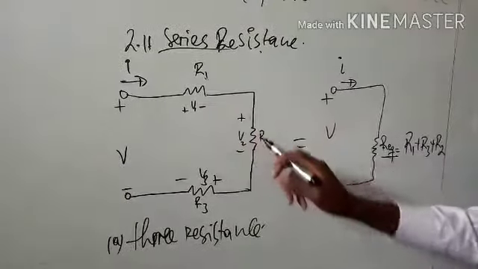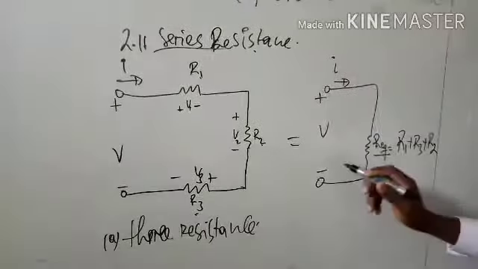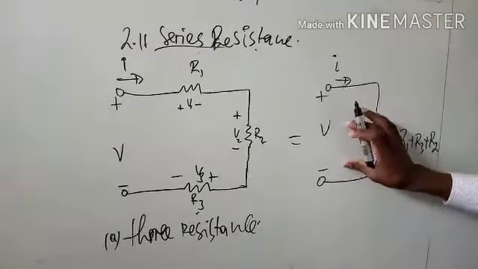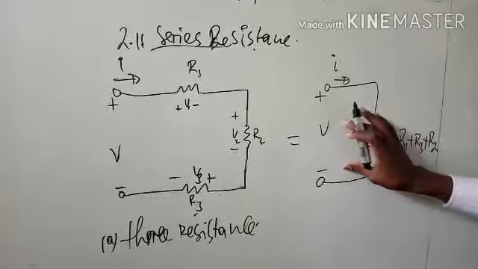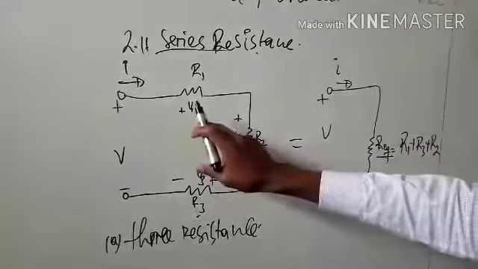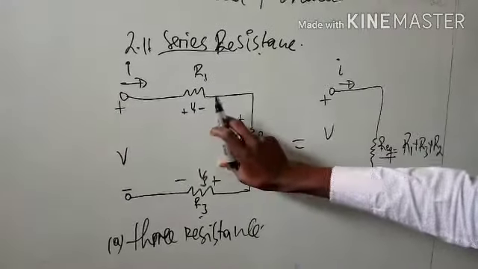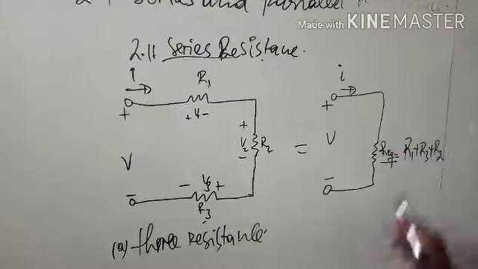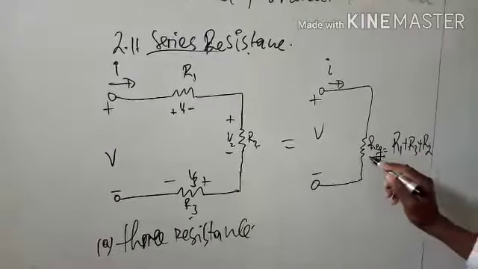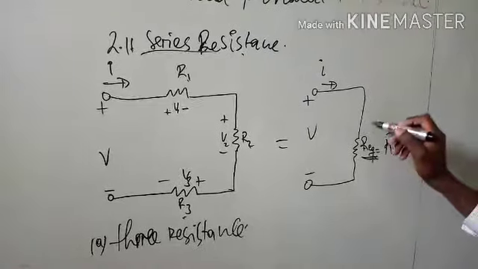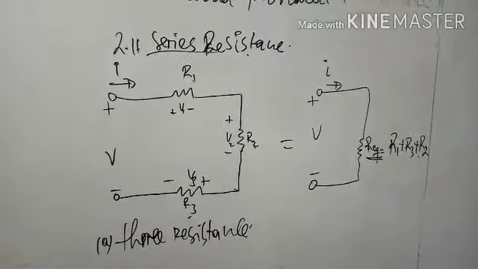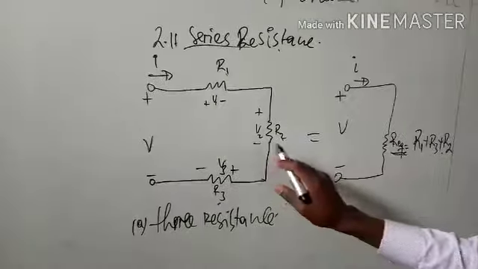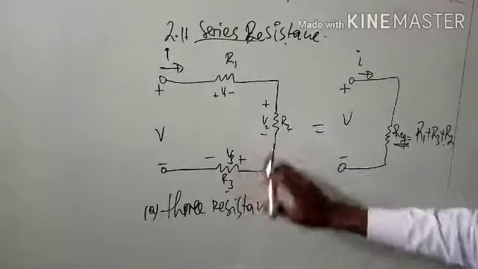Here R1, R2, R3, and then we get the equation like this. We have seen that this circuit with three resistances becomes one resistance. And then let's see how we find the voltage.